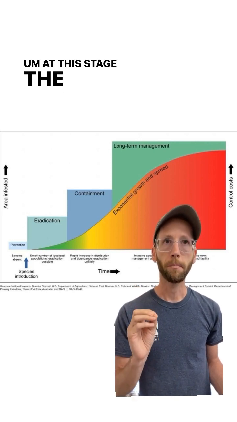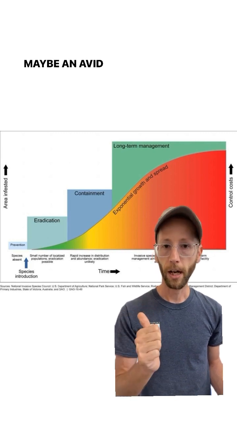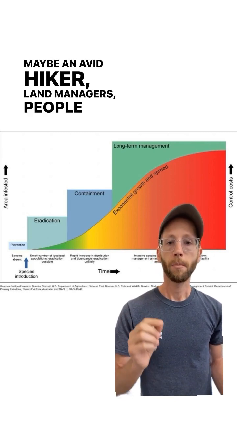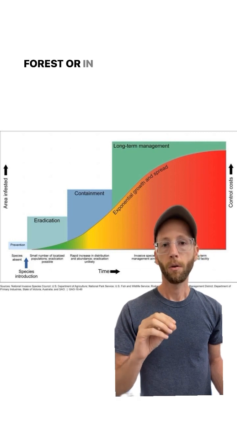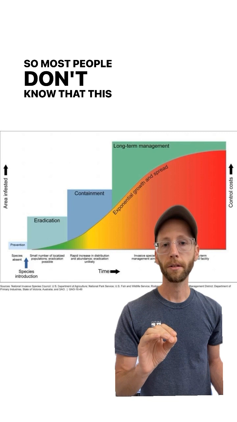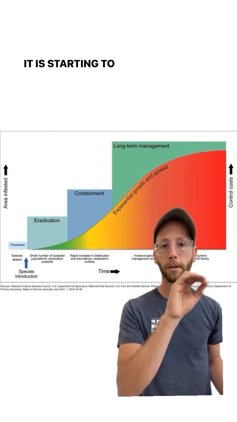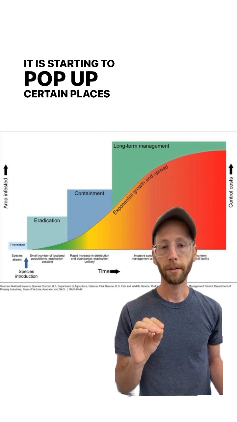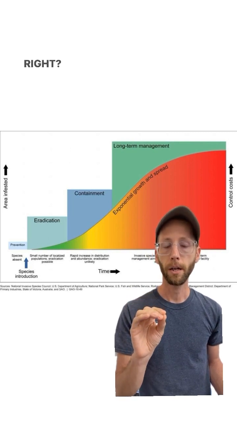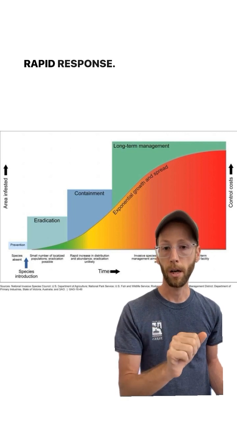At this stage, the people that have noticed it are probably maybe an avid hiker, land managers, people that are in the forest or in natural areas every single day.